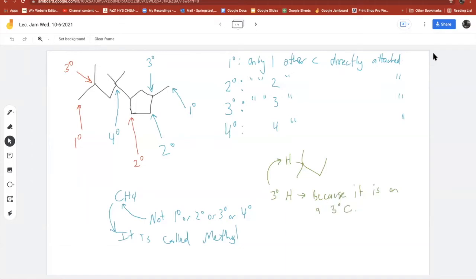That makes sense? Cool. What about this one right here? What's this hydrogen? Yeah, that's a primary hydrogen.